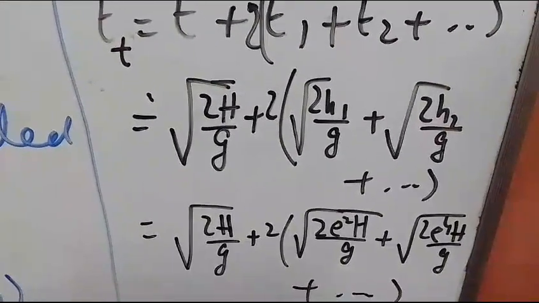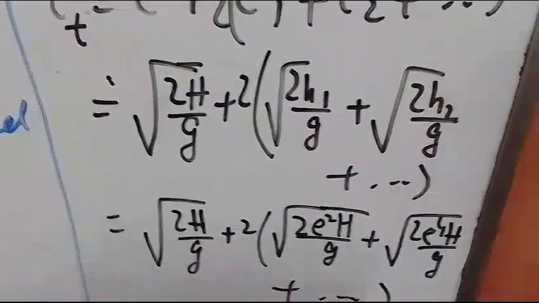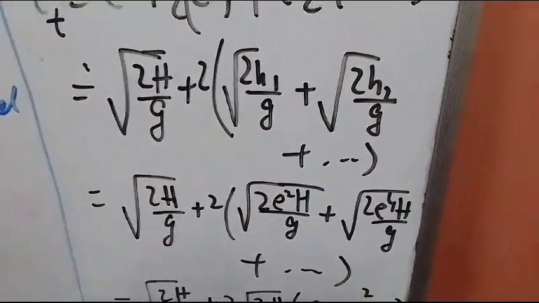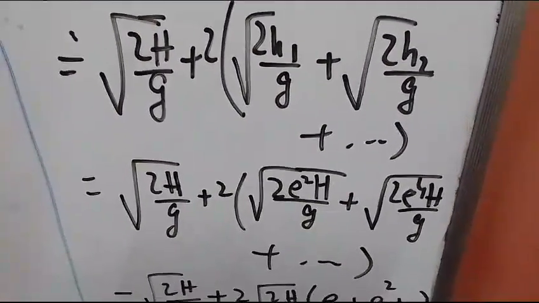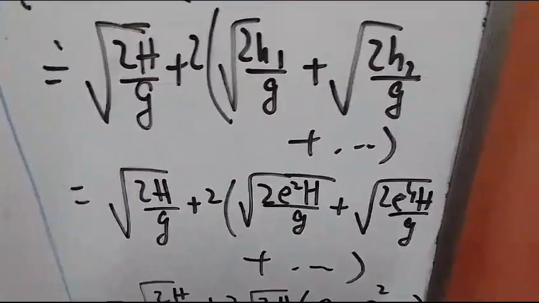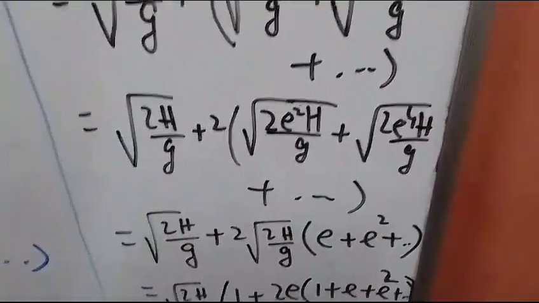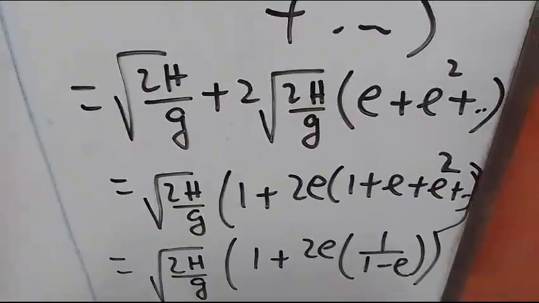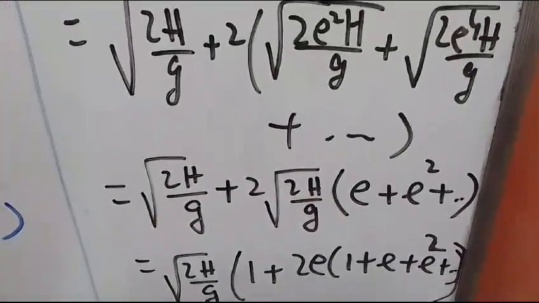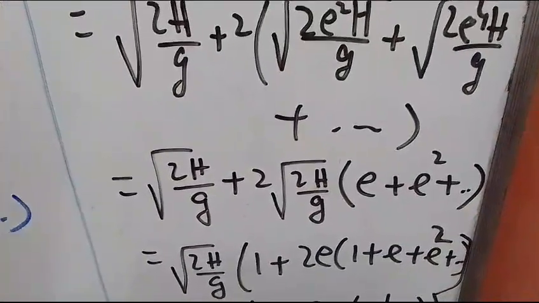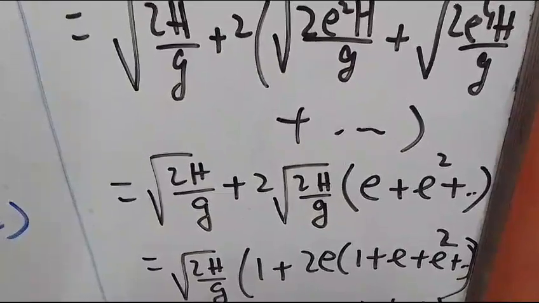Putting the values, h1 is e square H and h2 is e to the power 4 H. So root under 2H by g plus 2 into root under 2 e square H by g plus root under 2 e to the power 4 H by g plus ... It is 2 times because each of t1, t2, t3 is taken twice, going up and coming down.